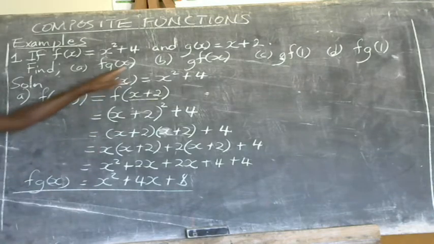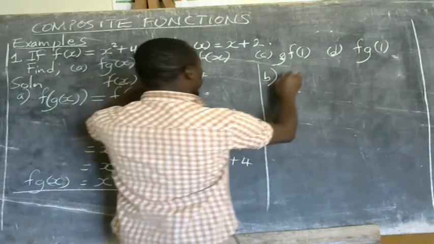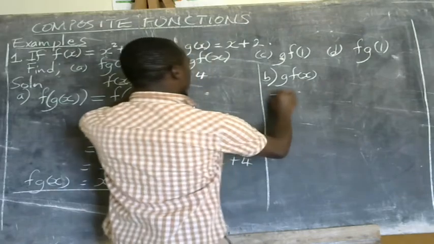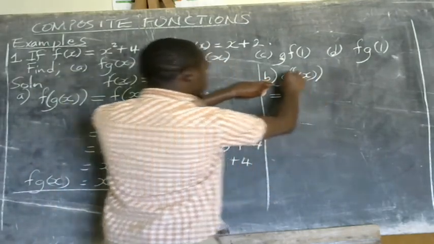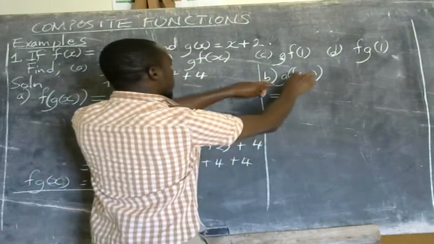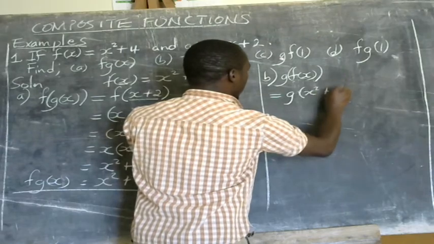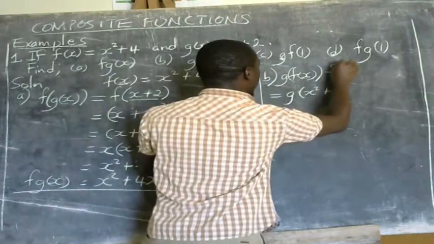Now, part B, you're being asked for g of f of x. So I'm going to first substitute. This is my g. The function f here was x squared plus 4. Then I ask myself, what was my g of x?